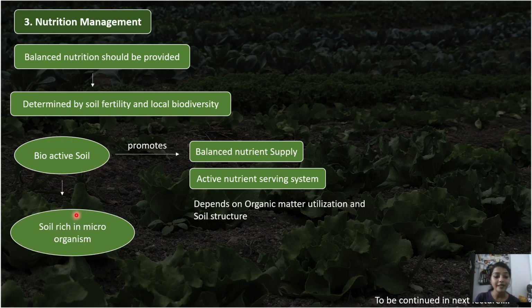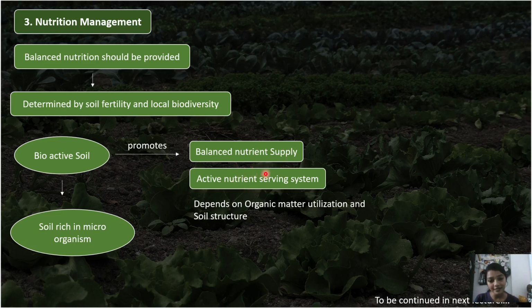Bioactive soil is rich in microorganisms and insects like earthworms, right? A soil which is devoid of microorganisms will never be a bioactive soil. So your soil has to be biologically active, with the presence of microorganisms that help in nutrient supply.